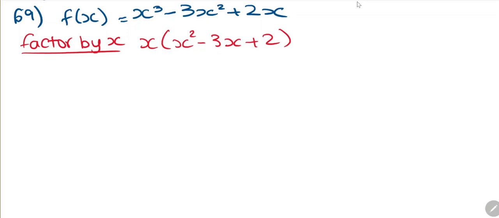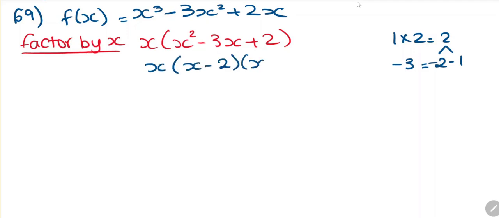So factors of 2. So 1 times 2 is 2. Factors of 2 with a sum of minus 3. So that's going to be 2 and 1, and we need it to be minus 3, so it's going to be minus 2 and minus 1. So this is going to be x minus 2 and x minus 1.